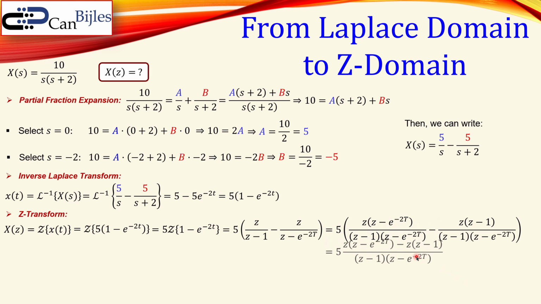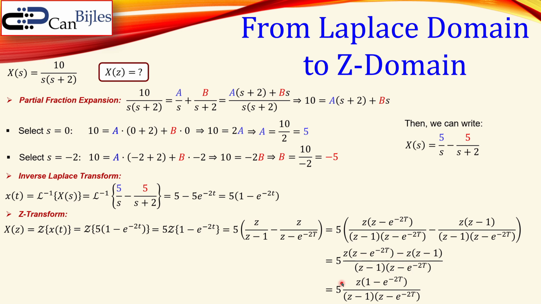Now we come up to 5 times this minus the z times z minus 1, and the denominator we have in common. Now we can work out the parentheses, z squared minus z squared, etc. That is not really that difficult to follow. And we have here our z-transform of this Laplace expression.